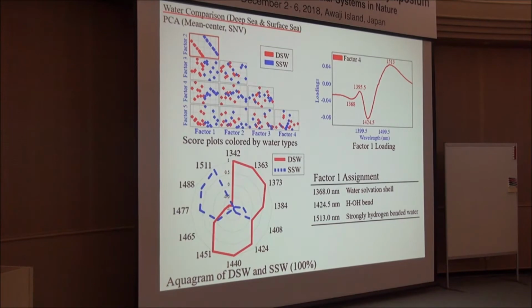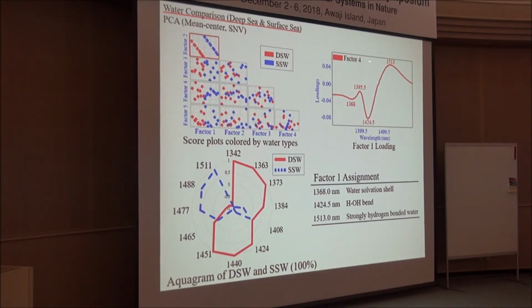PCA was performed for 1,300 to 1,600 nanometers, which is the first overtone of the water. And water spectral patterns were compared using the aquagram. As a result, there were differences in water structure between DSW and SSW.